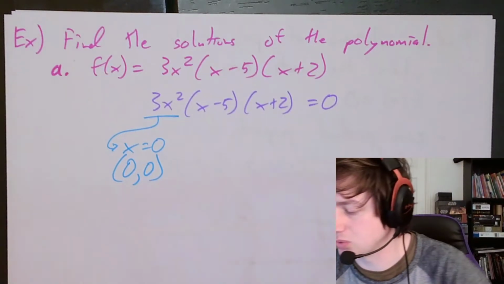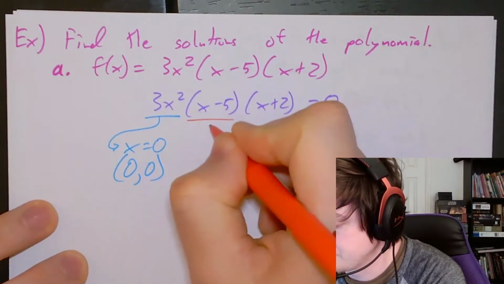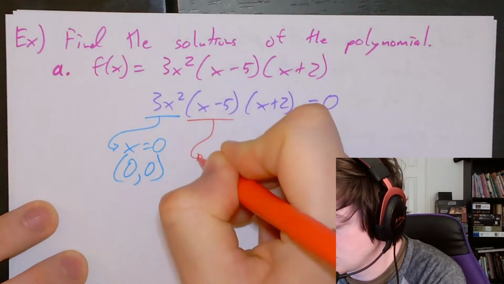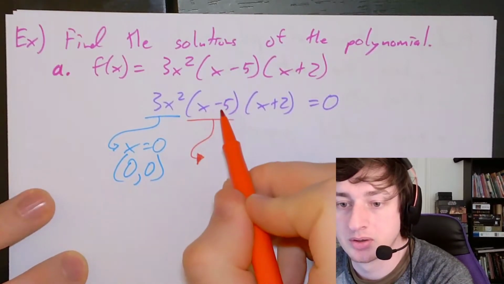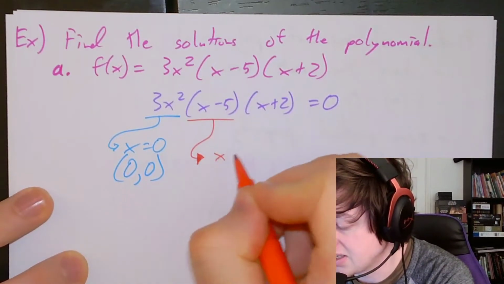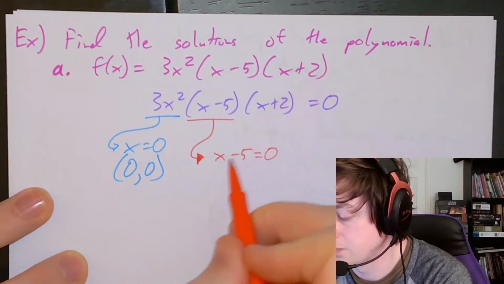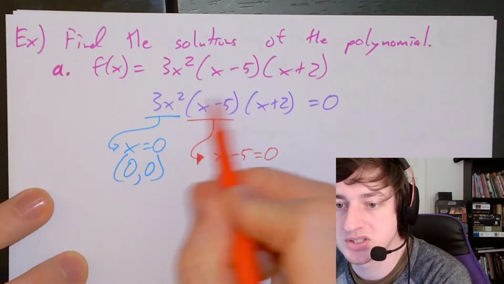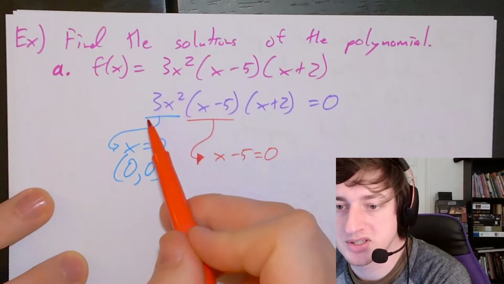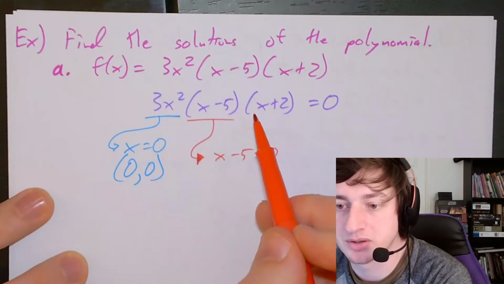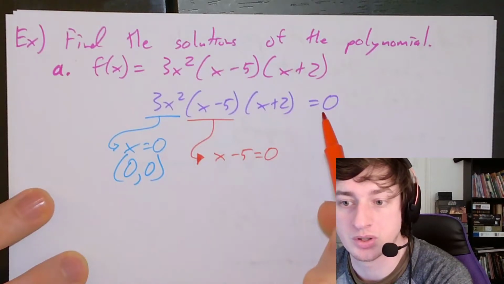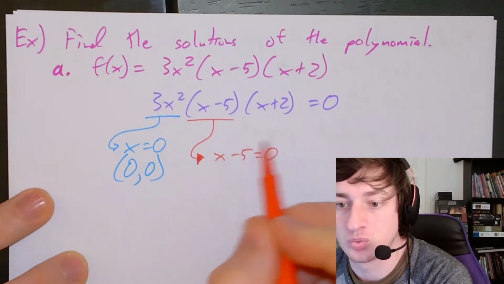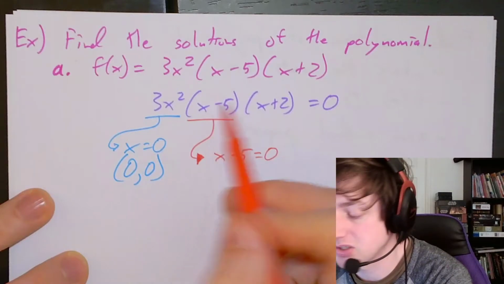Okay, this next one, I think pretty quickly we're going to get into the habit of just taking the opposite number. But what we're saying is x minus 5 equals 0. When this parenthesis is 0, then we're multiplying this thing by 0, and we're multiplying this thing by 0. And it all turns to 0, which is what our goal is. And so what number turns this x minus 5 into 0?